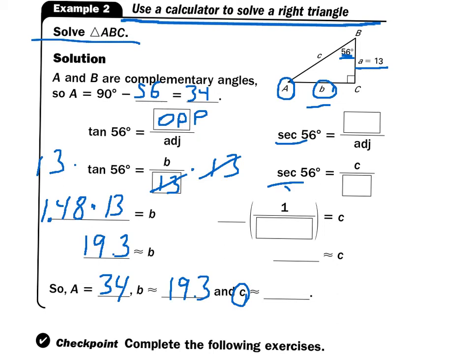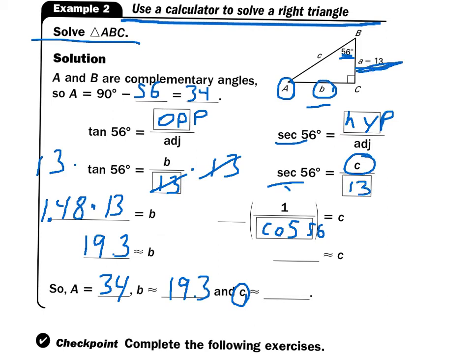Remember, secant is 1 over cosine. So the secant of 56 is going to be 1 over the cosine of 56. Alright? And remember, cosine was adjacent over hypotenuse, so secant is hypotenuse over adjacent. We just found that we know that what is adjacent to 56 is 13.